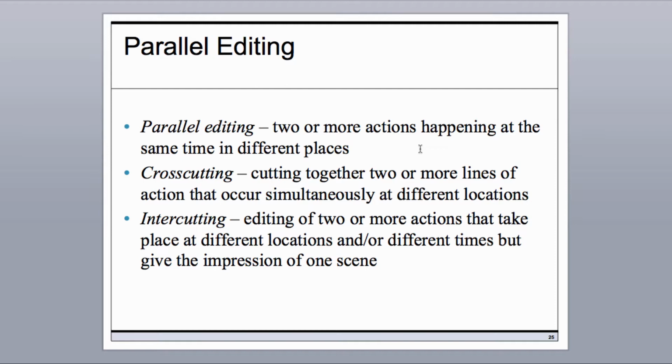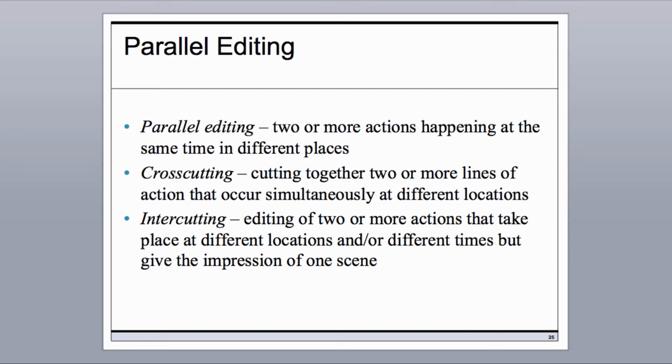So there are up to 5 or 6 different locations used in that parallel edit that you have to interpret, but the two appear to be happening at the same time in different places. Now, if you're not sure if it's parallel editing, use the term cross-cutting, cutting together 2 or more lines of action that occur simultaneously at different locations.